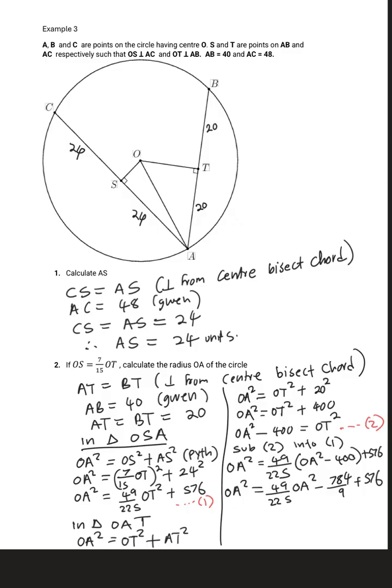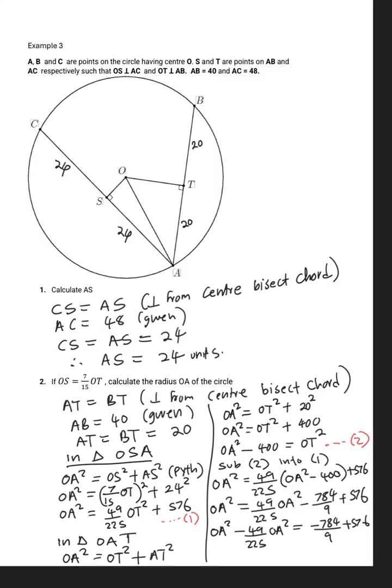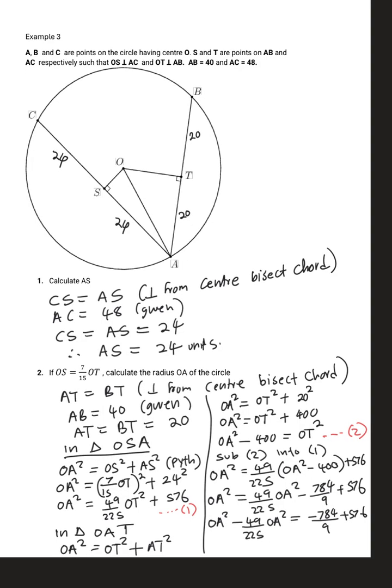And then we're going to say OA squared minus 49 over 225 OA squared is equal to minus 784 over 9 plus 576.